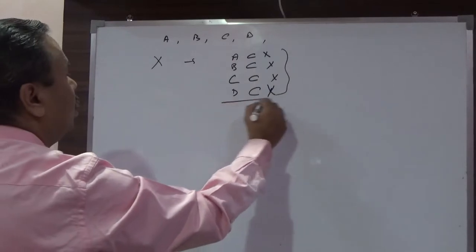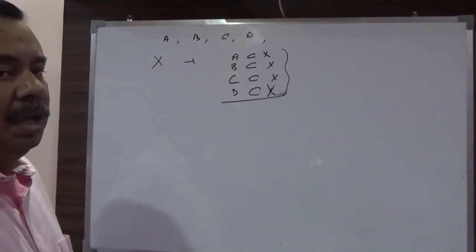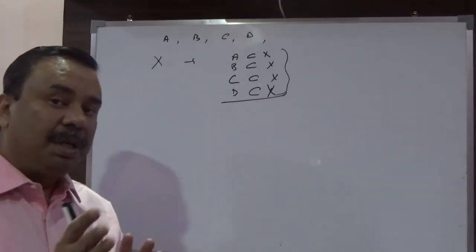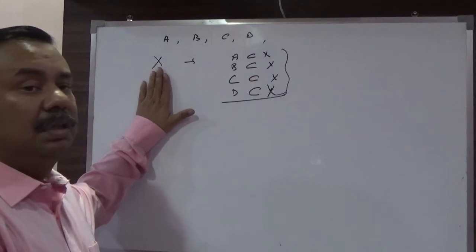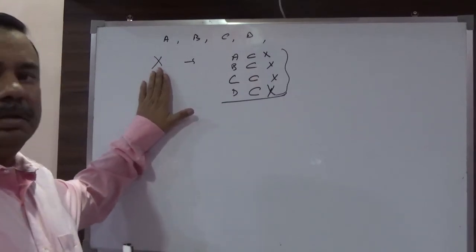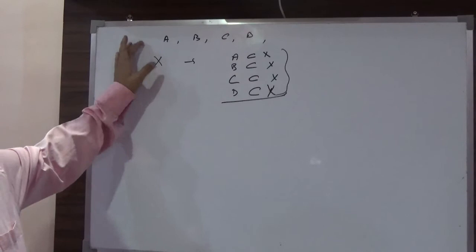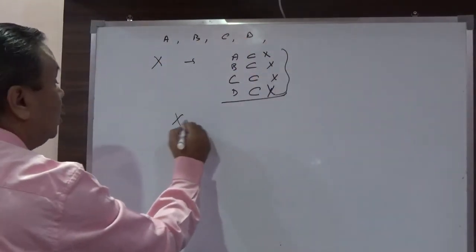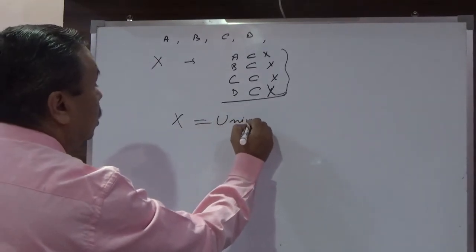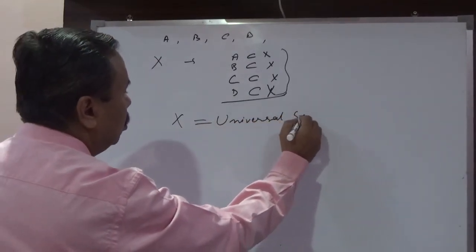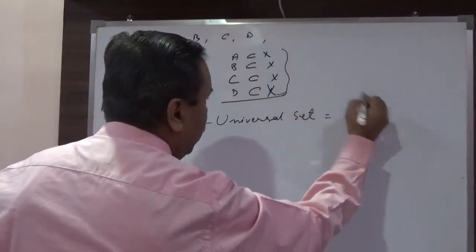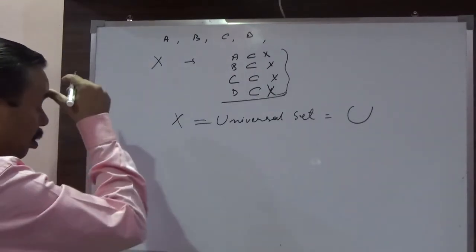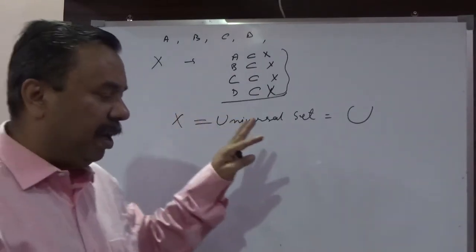So the set for which all the given sets are subsets, this becomes the father of all the sets, I should say. So this X is called the universal set, and it is represented by U. Let me give you a practical example.